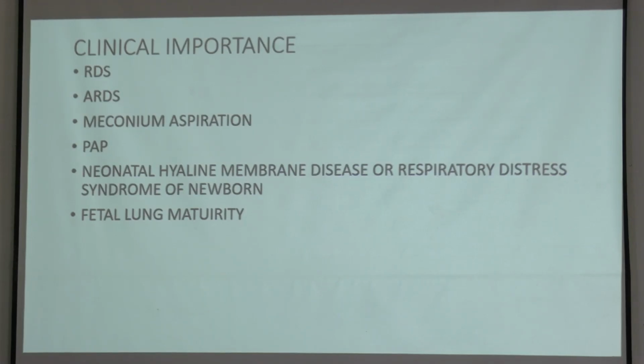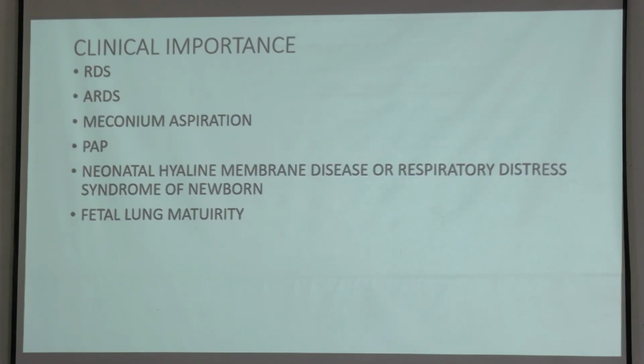Acute respiratory distress syndrome happens in adults as well as in children. It happens because an infection causes inflammation, causing damage to the alveolar cells which produce the surfactant. So surfactant is reduced, causing ARDS, acute respiratory distress syndrome.